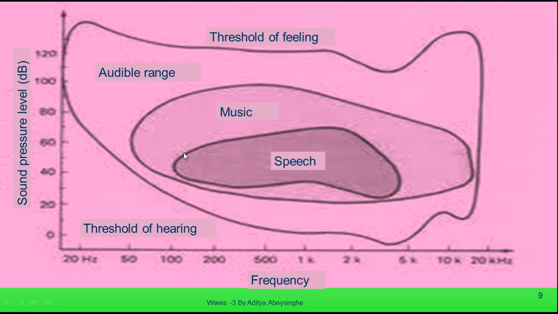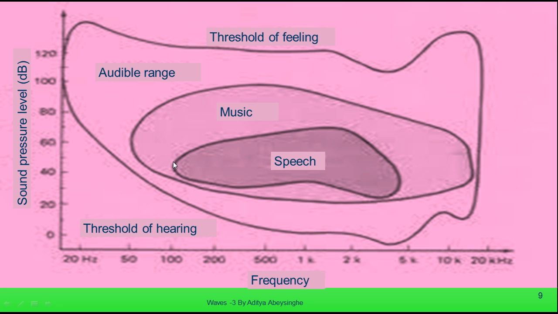It's actually in a very small range here. So the human frequency is somewhere between 100 and 5000 hertz, or 5 kilohertz, and the intensity varies between about 30 decibels and about 70 decibels, right?